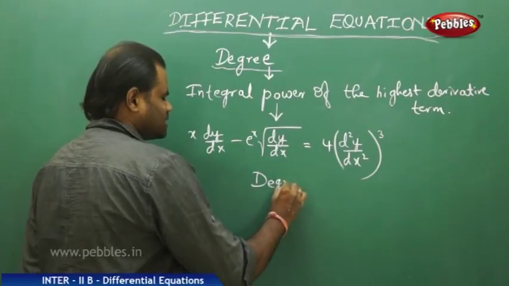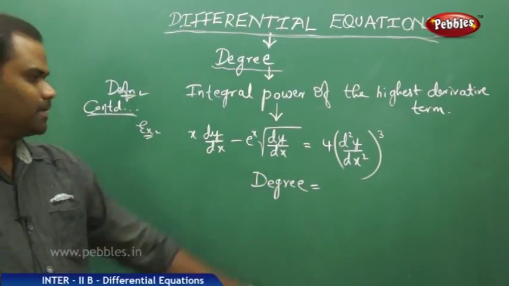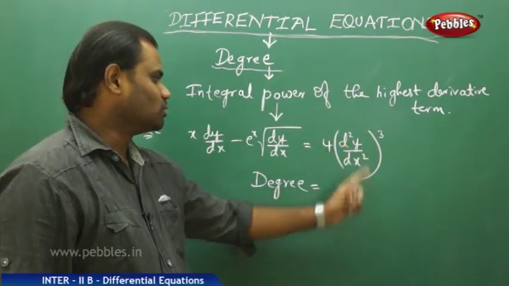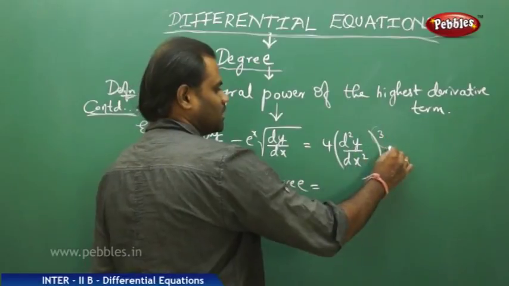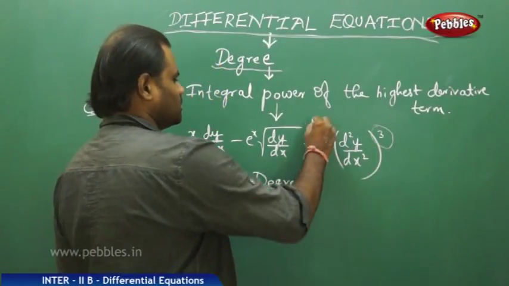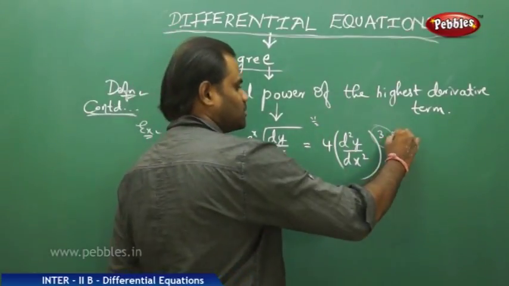Clearly I see that the highest derivative is of order 2, but it has the power as 3, and this is in the form of a fractional root, which can be squared on both sides so that this gets multiplied twice.